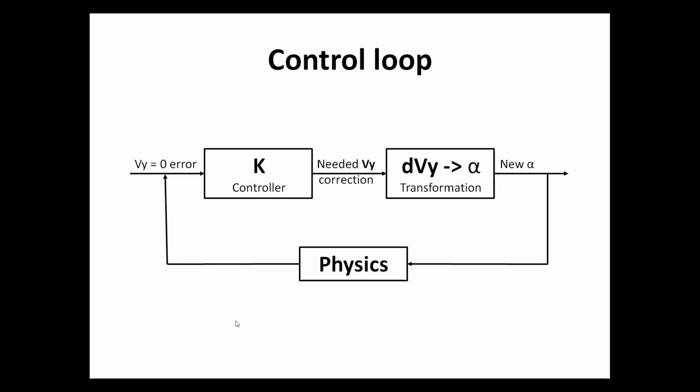So you basically want to fly the airplane in a straight line. So in the beginning, we want our Vy to be 0. If Vy is not 0, we will change it in some way. In order to change Vy, we need to update our alpha angle, and then we will go to the physical model once again and see all this iteration on the screen.